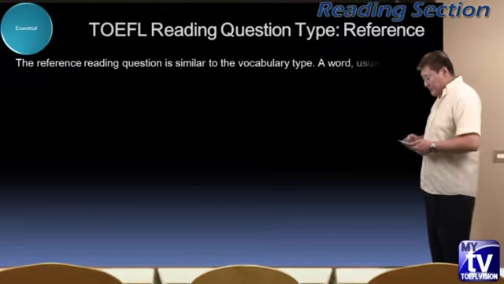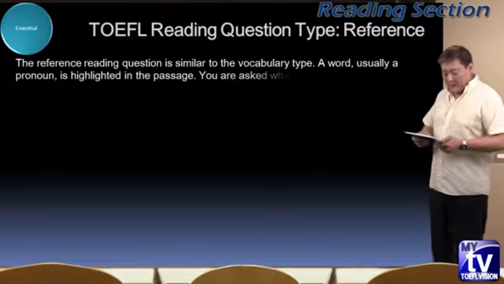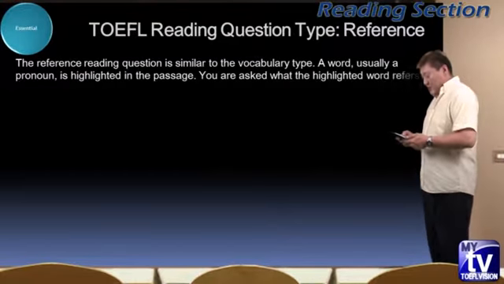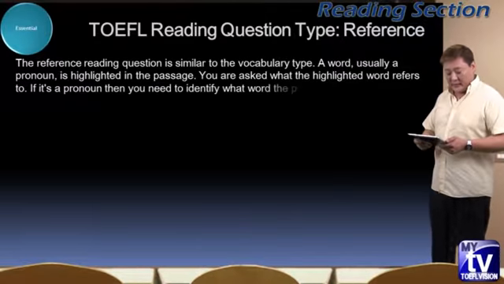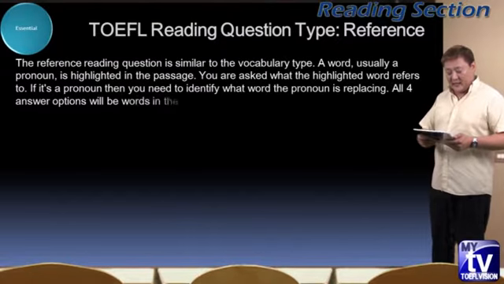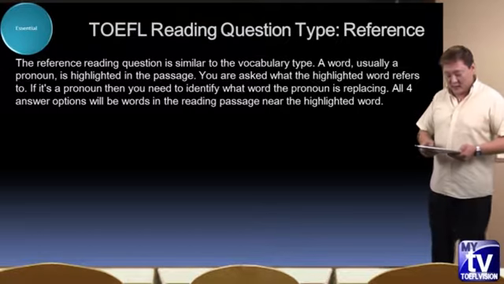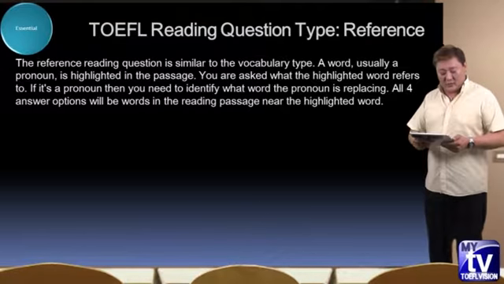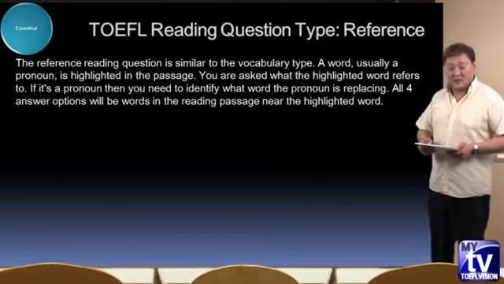Vocabulary type. A word, usually a pronoun, is highlighted in the passage. You are asked what the highlighted word refers to. If it's a pronoun, then you need to identify what word the pronoun is replacing. All 4 answer options will be worded in the reading passage near the highlighted word.